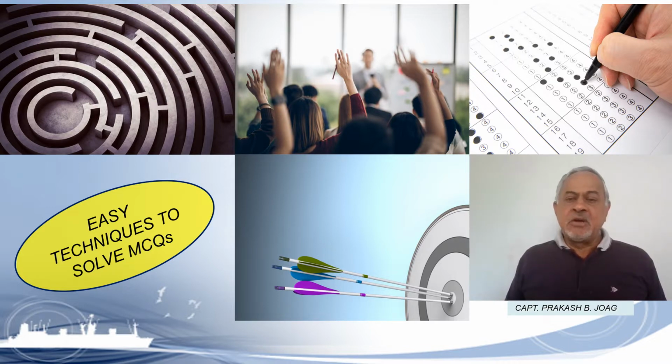So these objective type questions are given as: a question is given and 4 or 5 options are given, and you have to tick mark the most appropriate and correct answer. So there are 3 possibilities. You know the answer. This is number 1 possibility. Number 2 possibility is you know the answer but you are not very sure.